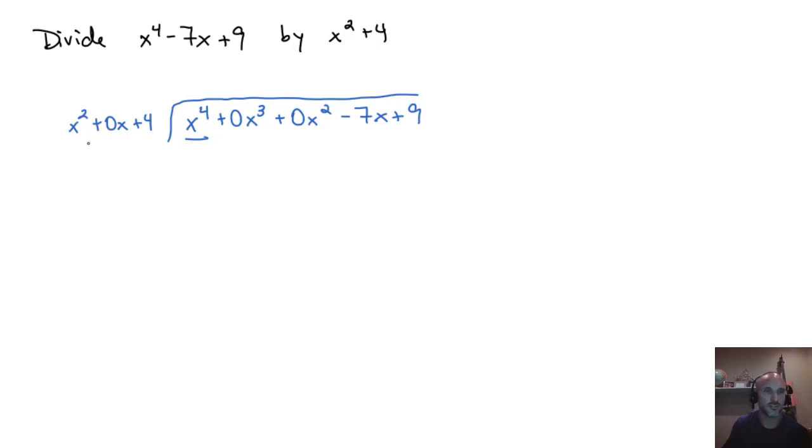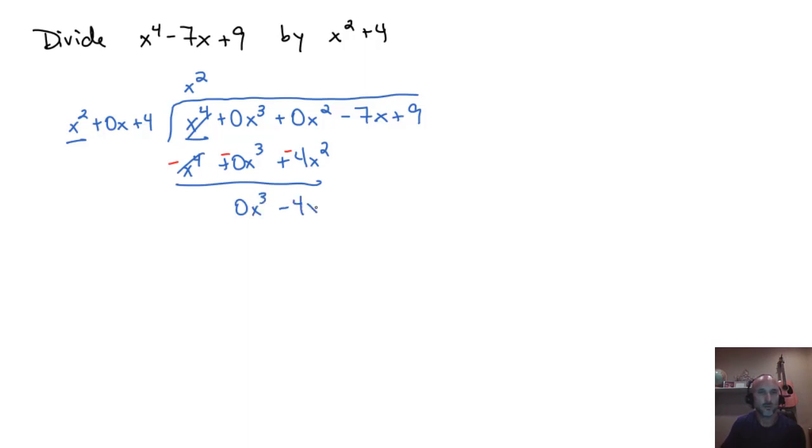X to the 4th divided by x squared is x squared. Distribute x squared to all 3 terms, giving us x to the 4th plus 0x cubed plus 4x squared. And then we subtract, changing all of those signs. First terms cancel. We get 0x cubed minus 4x squared, and we drop our minus 7x plus 9.